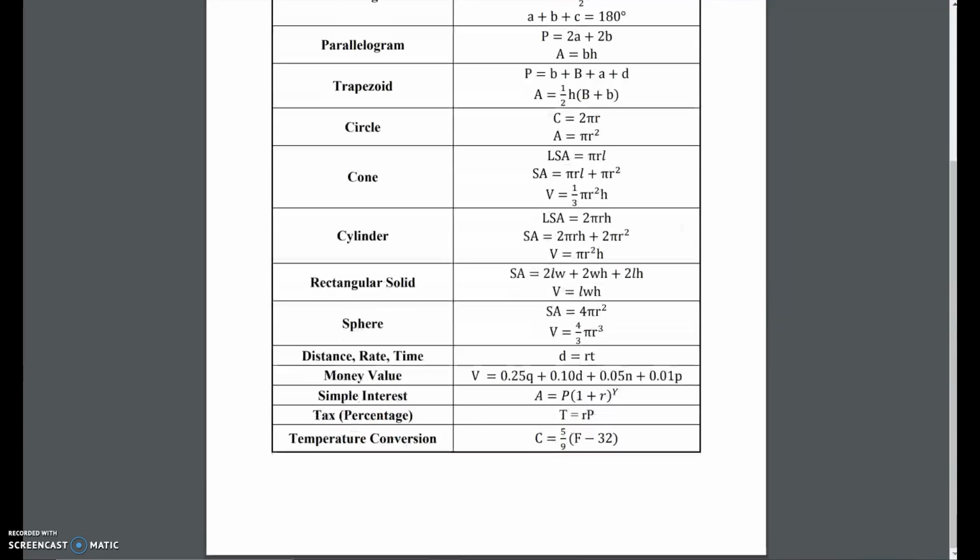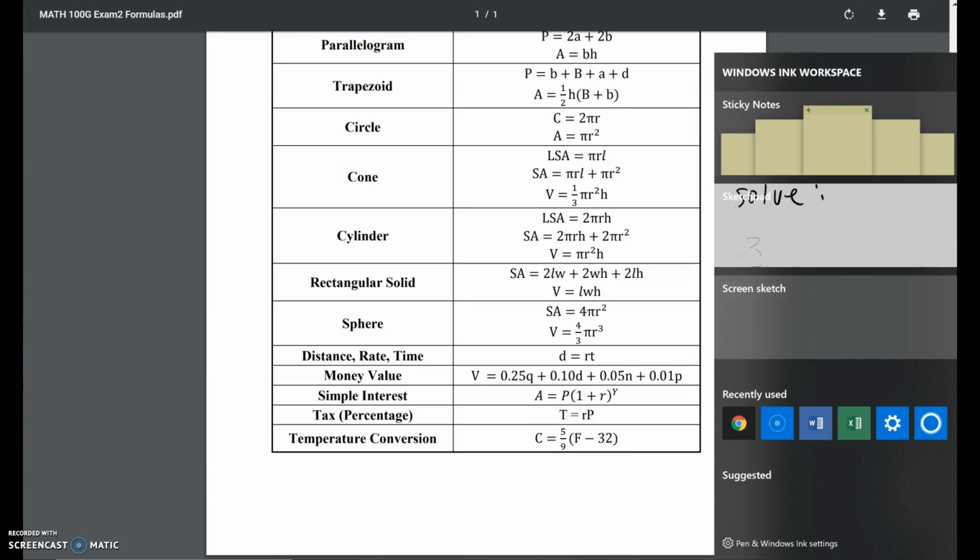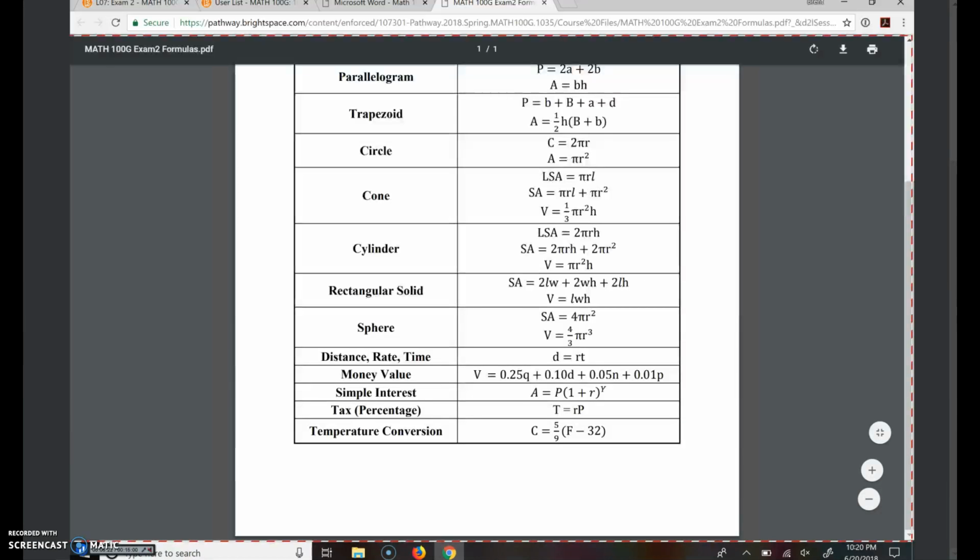Let me pull this up. That's the formula that you're going to be using. Lateral surface area equals pi, oh, I'm sorry, that's the wrong one for cylinder.